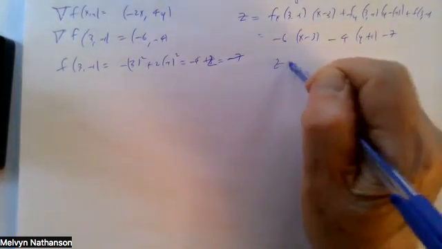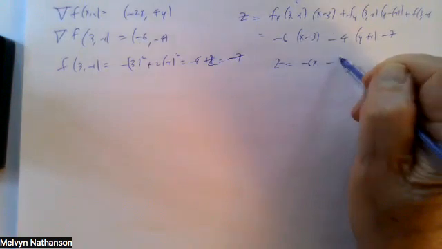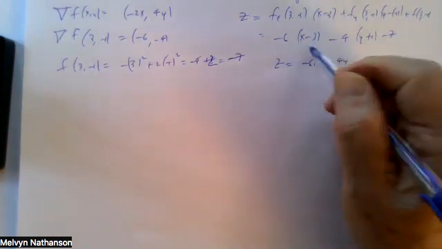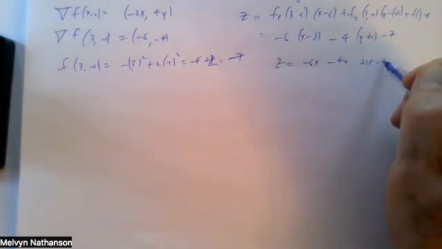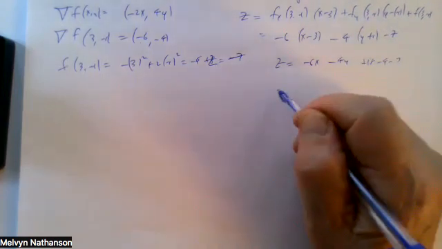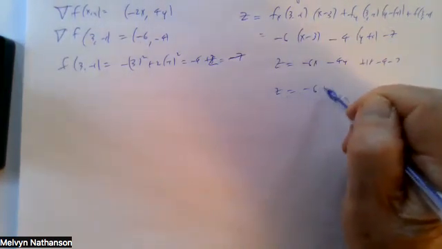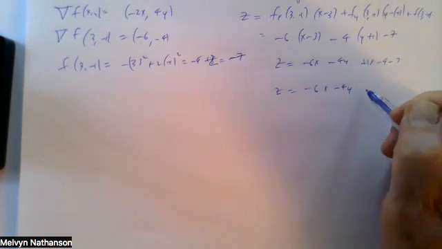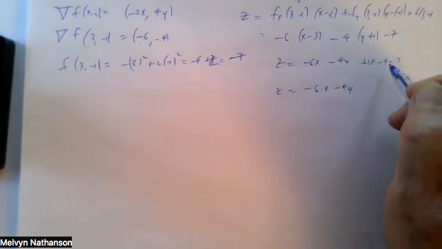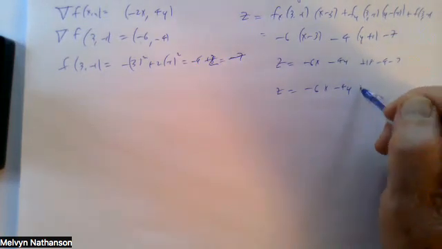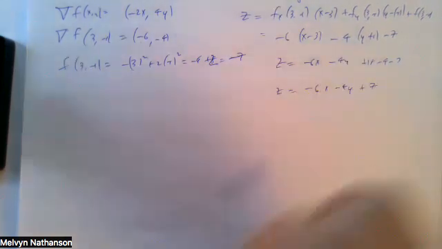So z is minus 6x minus 4y plus 18 minus 4 minus 7. So z is minus 6x minus 4y, and 18 minus 11 is 7.